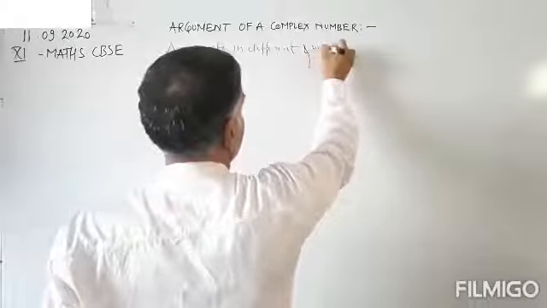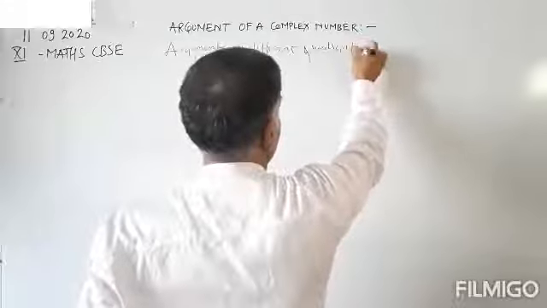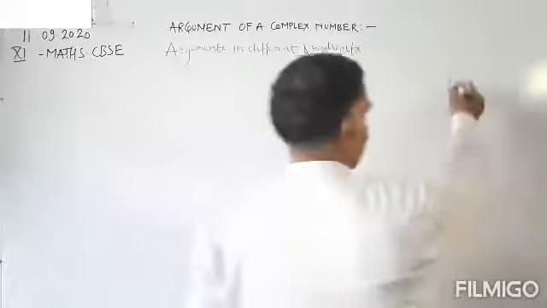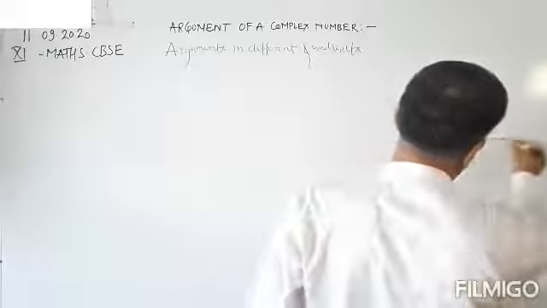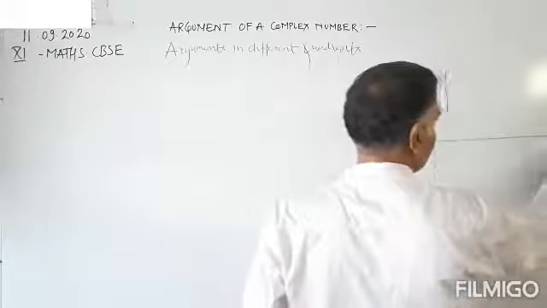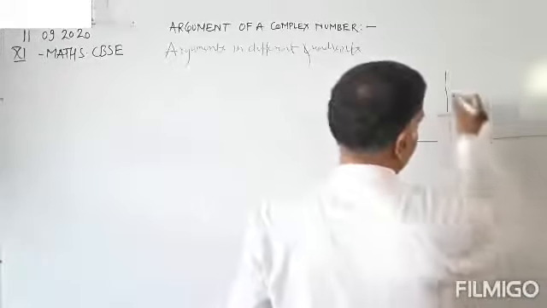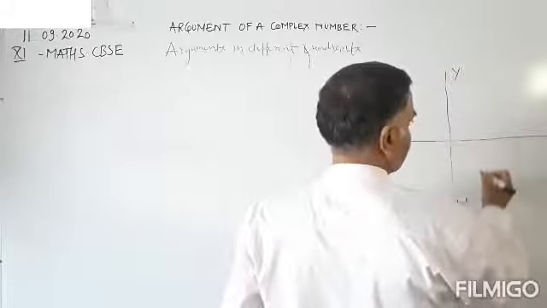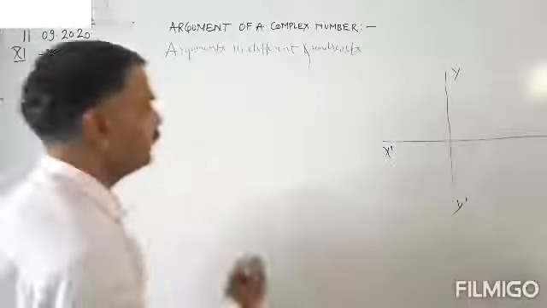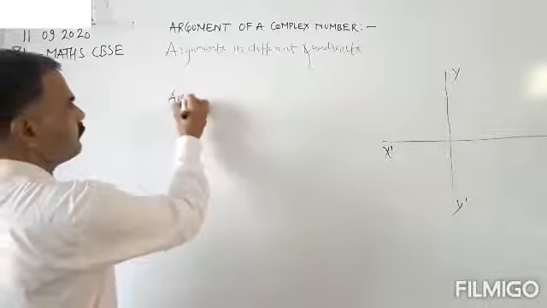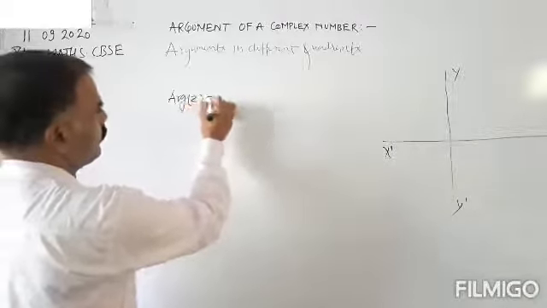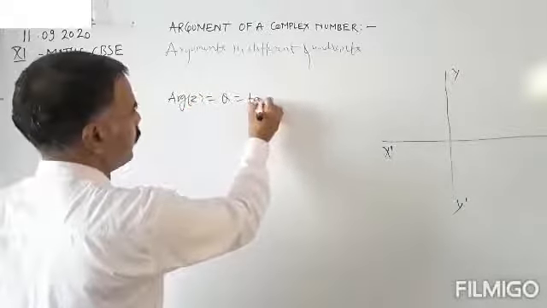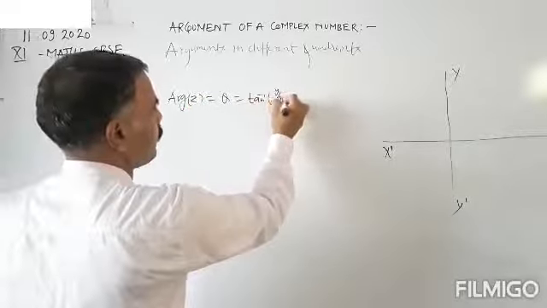Different quadrants means we are having four quadrants, X, Y, X dash, Y dash. We know that the argument of z, that is theta, is equal to tan inverse y upon x.